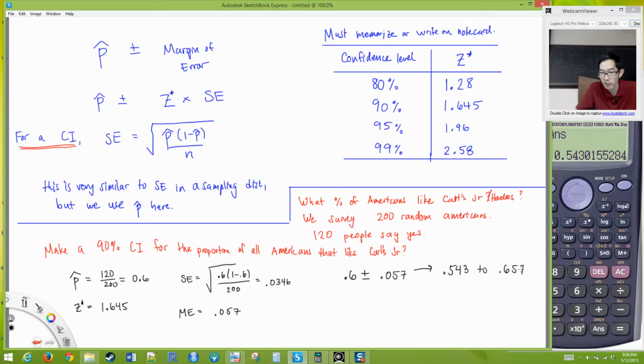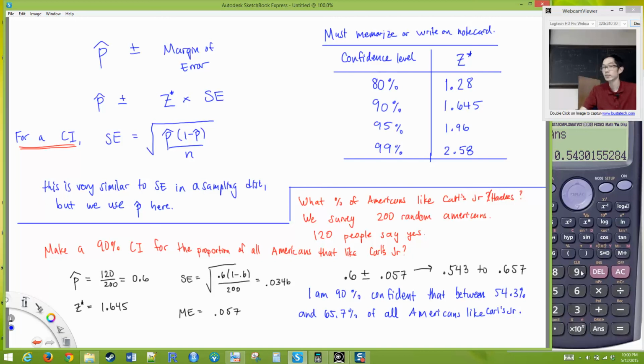And I make a statement like, I am 90% confident that between 54.3% and 65.7% of all Americans like Carl's Jr. / Hardee's. Is that okay? So write that down.